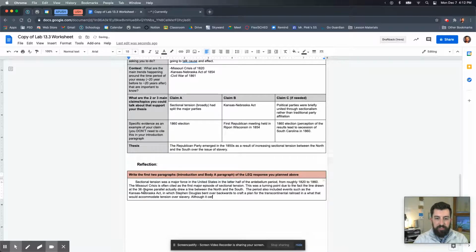Okay, and then finally, to be more specific, this time period, although sectional tension between the North and the South did not end with the Civil War in 1860.